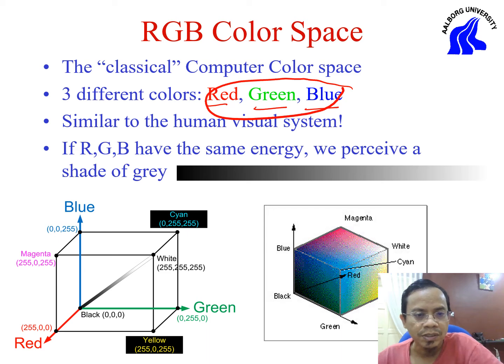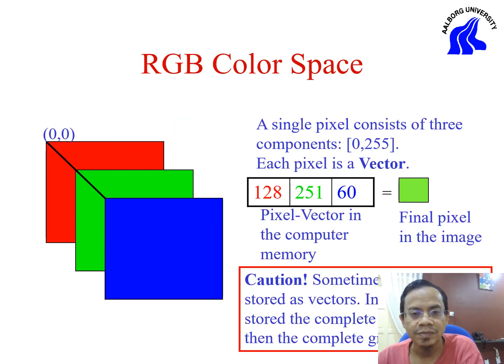This is the cube of RGB, 0 to 255 for red, 0 to 255 for green, and so on. With this combination, we will have a color combination of the red, green, blue. For example, if we have 128 for red, 251 for green, 60 for blue, then we have a green color.